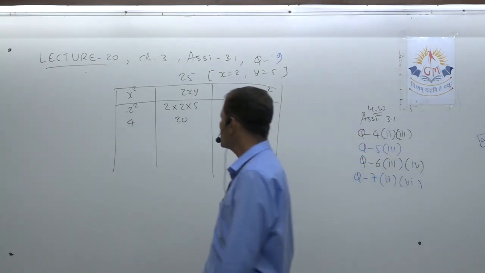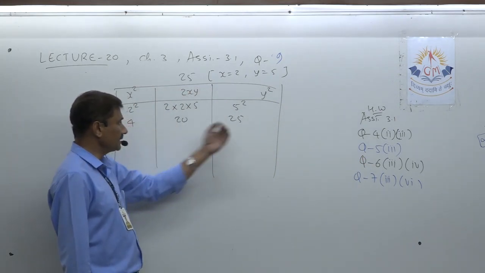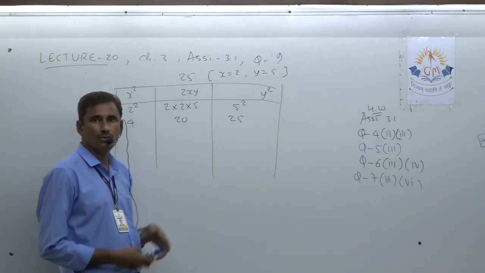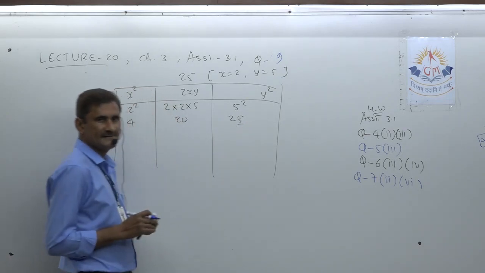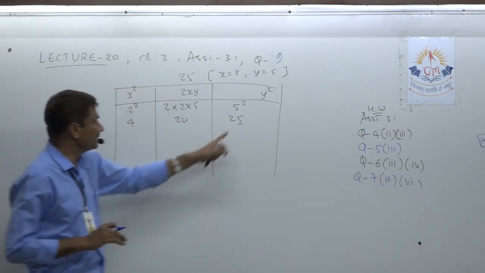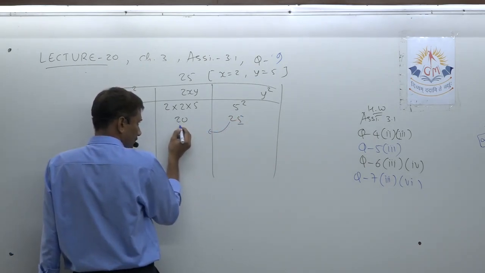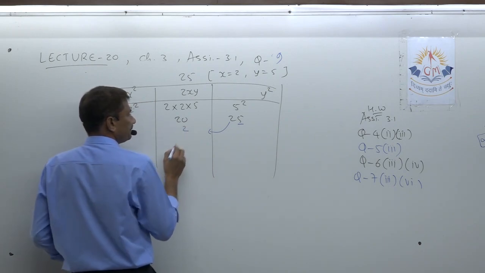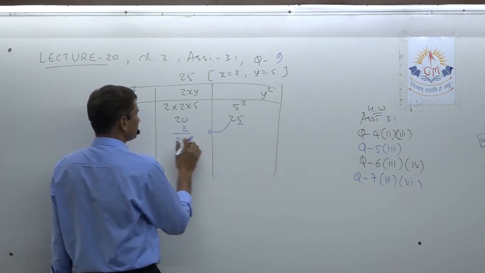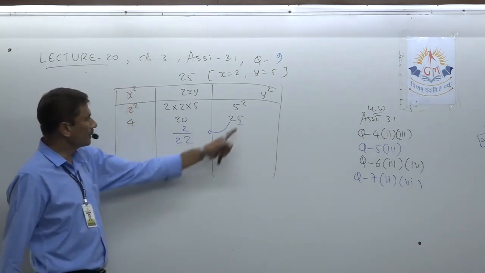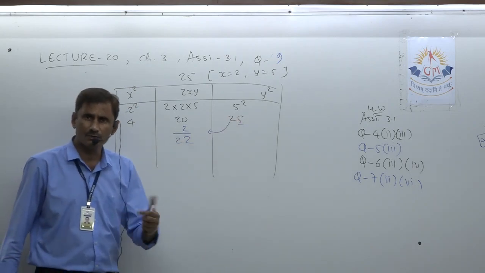Now what to do? We have to go from right to left, in this direction. How? Underline the unit digit of y square. I underline it. Add the remaining digit to this one, just like a carry forward.